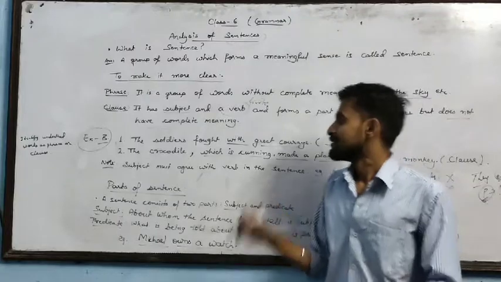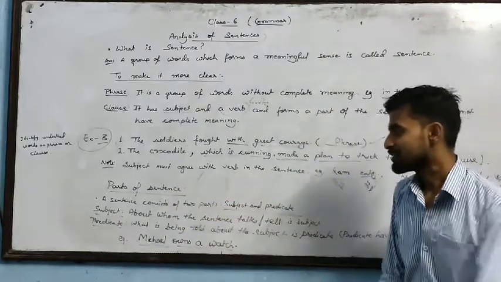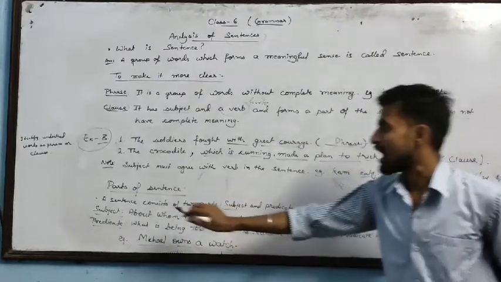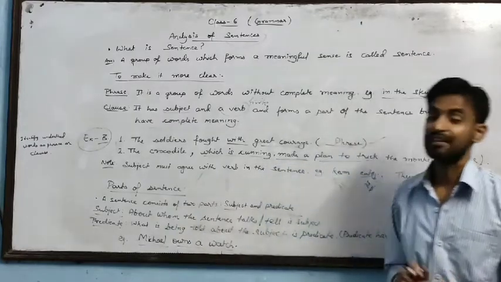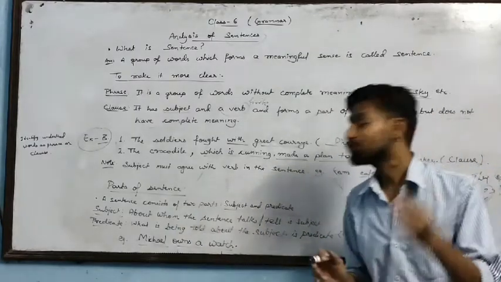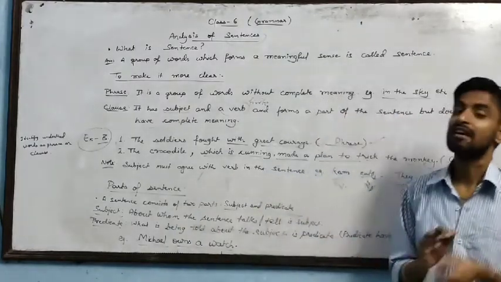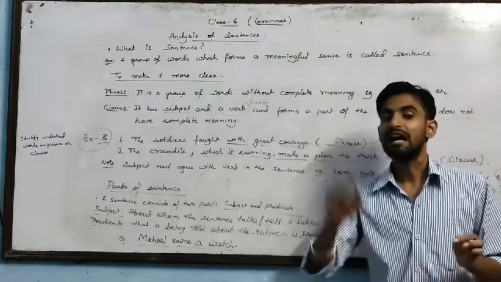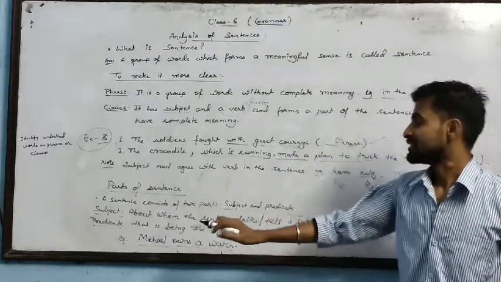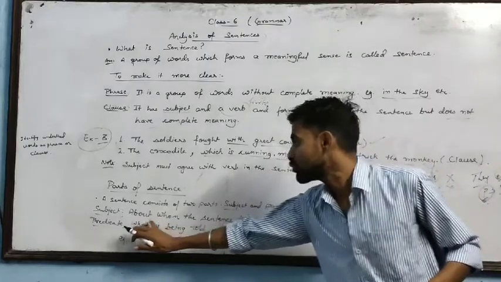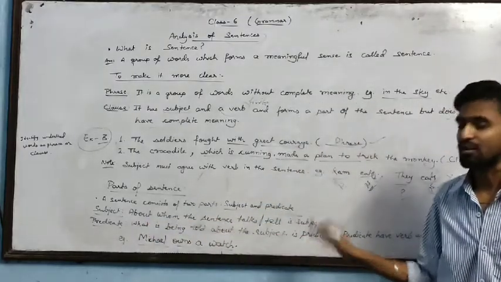Okay. Now, the next topic that we will discuss today is parts of a sentence. A sentence consists of two parts, subject and predicate. Subject means about whom the sentence talks or tells.